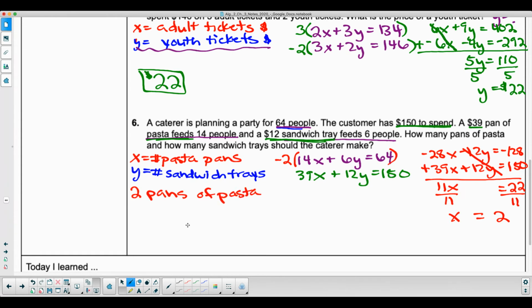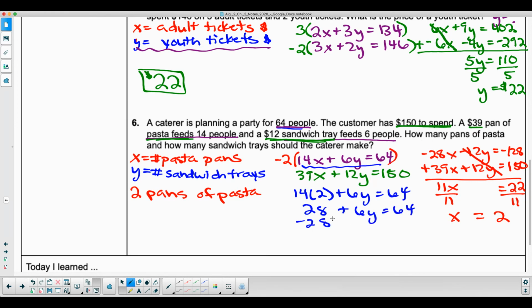But now we need to figure out how many sandwich trays we need to buy. To figure out our sandwich trays, we're going to take our x value of 2 and use one of our equations to solve. I'm going to use the purple equation here, this top equation. So 14 times 2 plus 6y equals 64. 28 plus 6y equals 64.